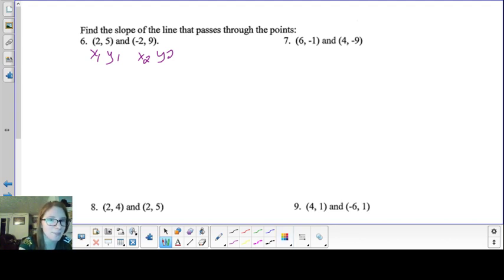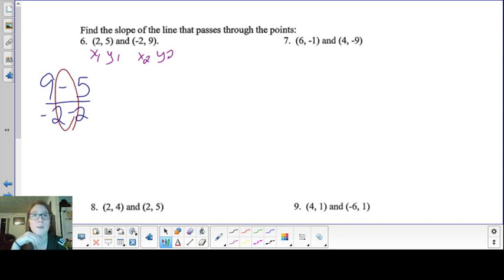So I have 9 minus 5 over -2 minus 2. And yes, it will always be minus here. Oh, excuse me. You will see at some point in time when that won't be negative.